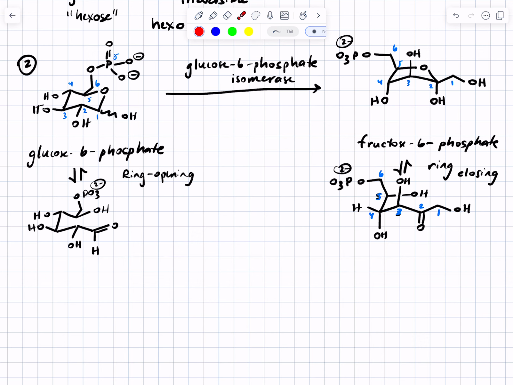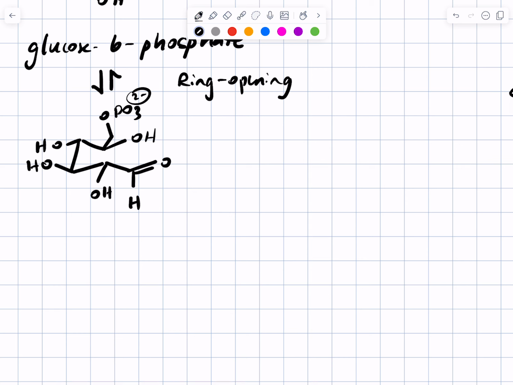All right, so we'll do what we will tend to do with biological proton transfer reactions. That is, we'll condense a few of them in the same step.